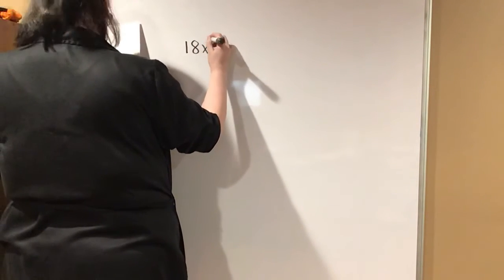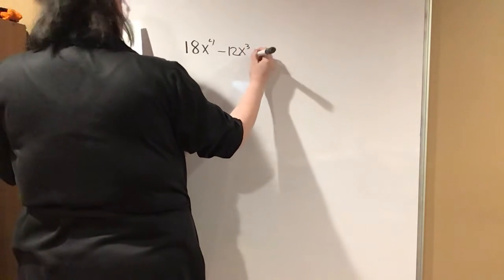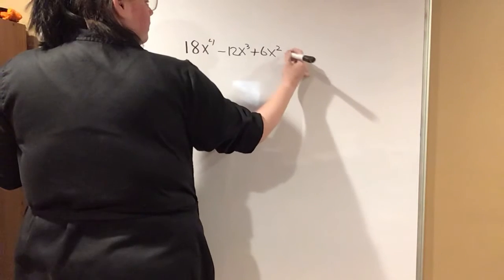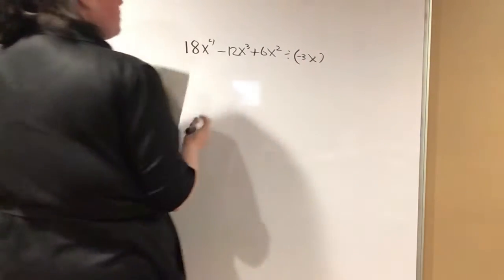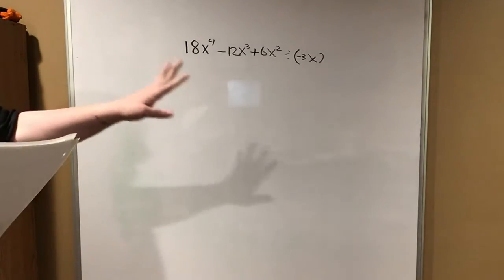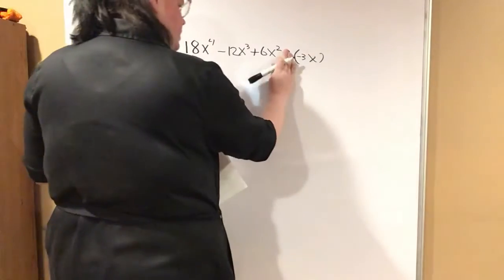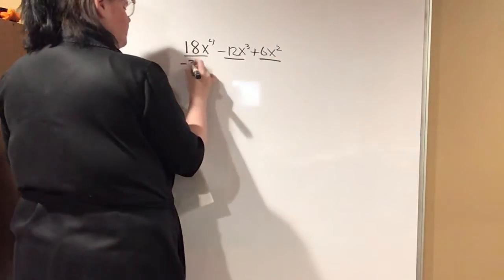18x to the 4th minus 12x to the 3rd plus 6x squared, and it's all divided by negative 3x. So that's all off to the side, and it's all being divided by negative 3x. So let's erase this guy here and move it under each one.